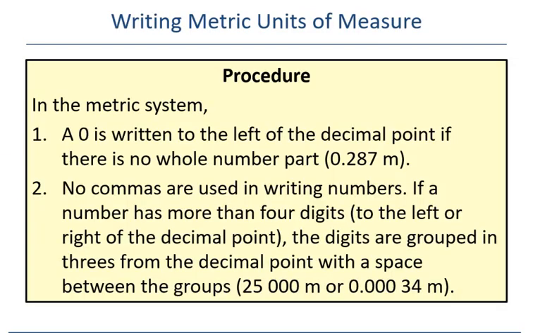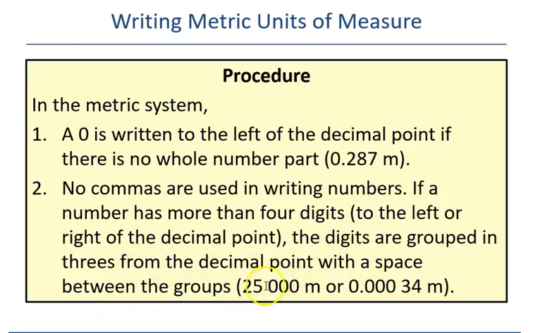So procedure here. In the metric system, a 0 is written to the left of the decimal point if there is no whole number part. Something we've kind of been doing right now. You notice I do that a lot, like 0.287. No commas are used in writing numbers. If a number has more than 4 digits to the left or to the right of the decimal point, the digits are grouped in threes from the decimal point with a space between the groups.